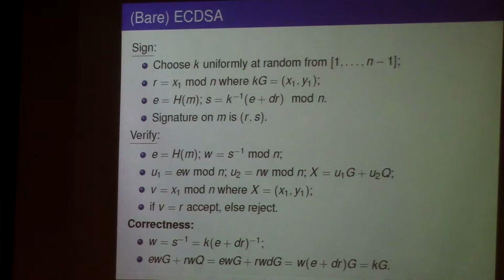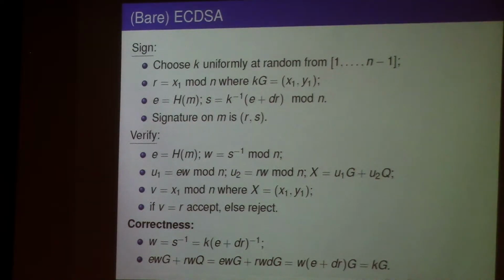Okay, so signing and verification, these algorithms look a little complicated, I'll try to explain them a bit. The message is still M, and the signature on M is (r, s). These are two integers modulo n. How are these obtained? First you hash the message to get e, and then do something on e to get this s.